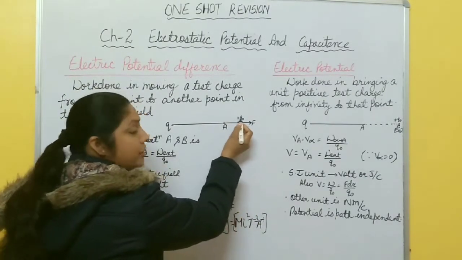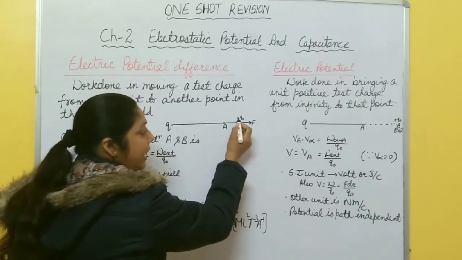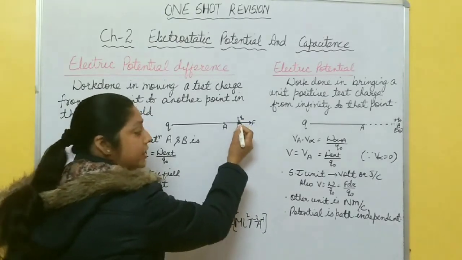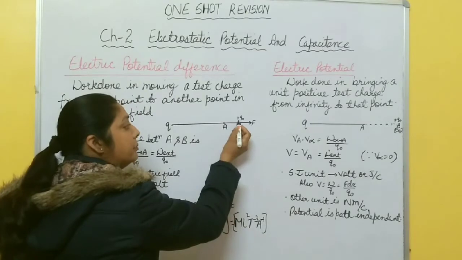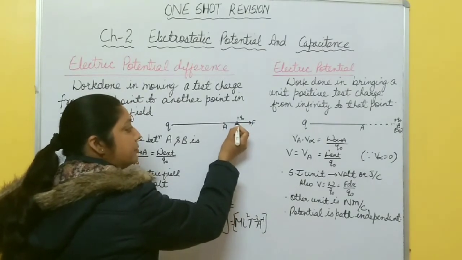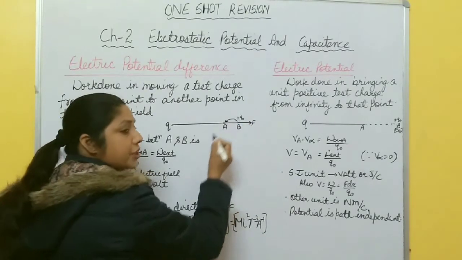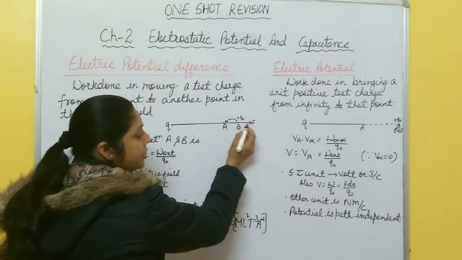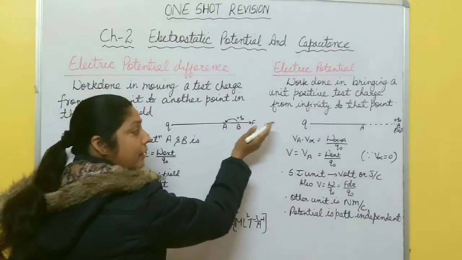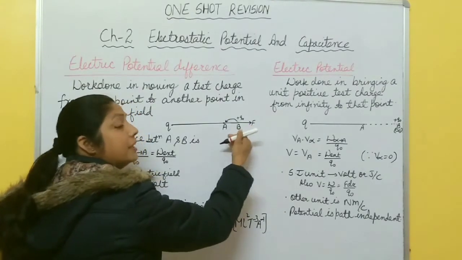Suppose this is a positive test charge and the force acts on it in this direction. Now if you want to move this charge from position B to position A, but the force is towards the right and you have to move this charge towards the left.